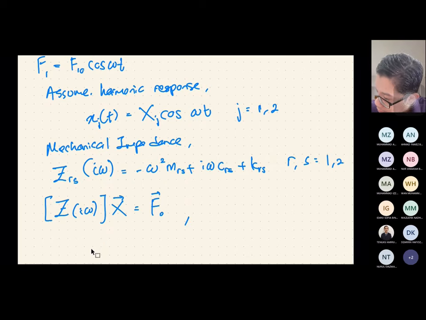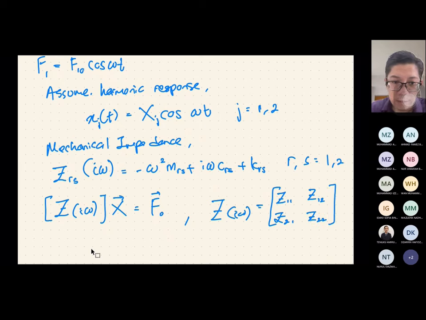Over here, the impedance matrix is actually Z11, Z12, Z21, and Z22. Then we have the impedance matrix, the vector X, which is X1 and X2, and we have the vector F.